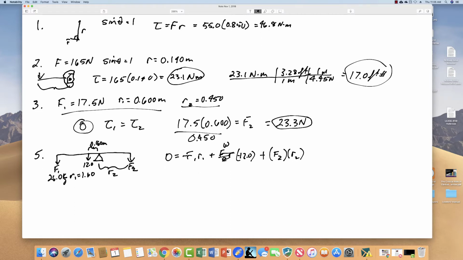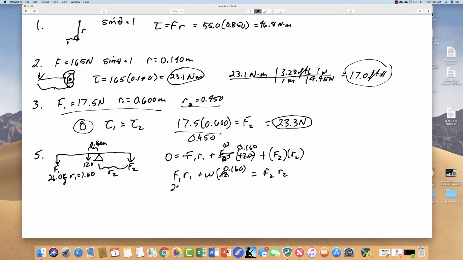The other way to do it is to say that anything on this side has to equal everything on this side, so that F1 R1 plus W times 0.610 is equal to F2 R2. Now I'm going to do something here because to get the forces, you have to multiply all three of these by 9.8. If you divide through by 9.8, you can just use the masses.